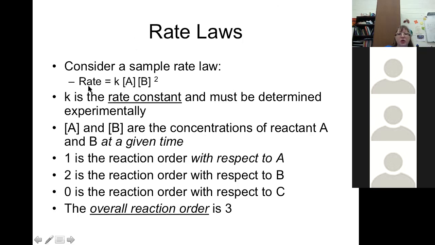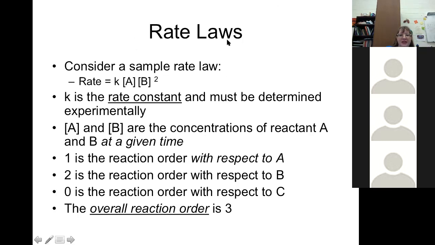All right, so it's going to look something like this. Now, this is not every rate law. It's going to have the concentrations of the reactants, and there might be an exponent next to each of these. There might not be. And then it's going to have K. So K is our rate constant. Now, K is not something that you can determine by figuring things out yourself.